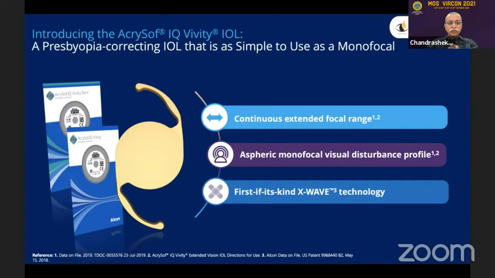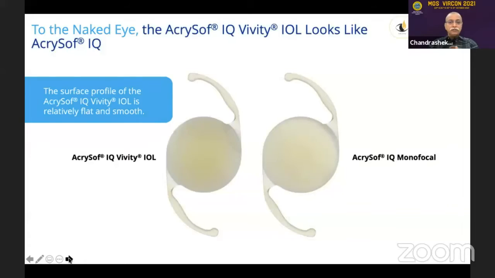But once in a while you still get a patient who is a surprise. So what if you have a lens with a continuous extended focal range and a monofocal visual disturbance profile for distance? It is the new lens called Vivity, with X-wave technology.